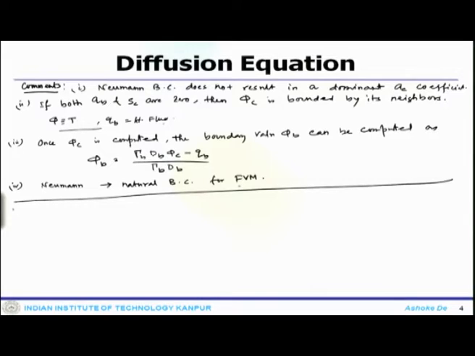Now, the third kind of boundary condition is the mixed boundary condition.